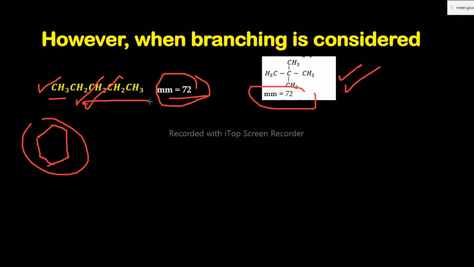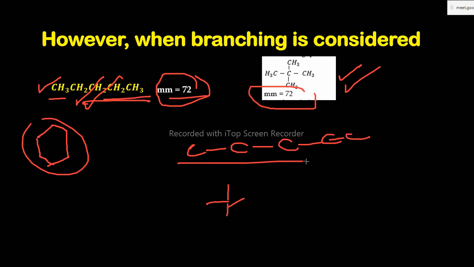Now in N-pentane, the molecules are stretched, but in branched ones the molecules are just branched. So the stretched ones have relatively larger sizes than these branched ones with smaller sizes.